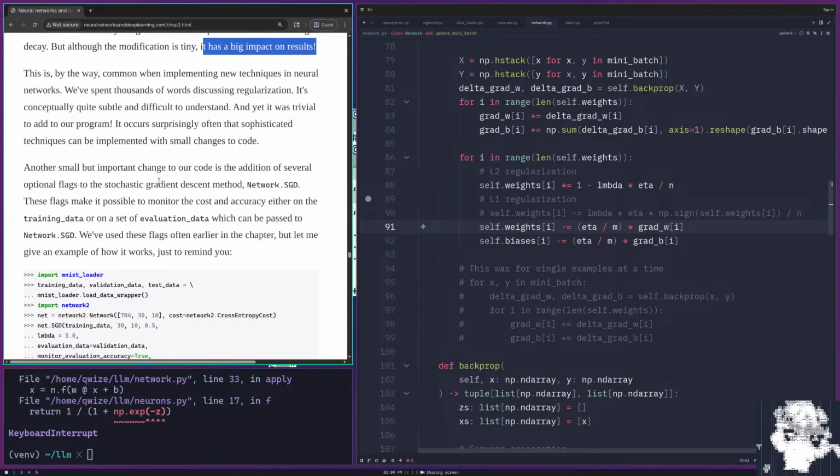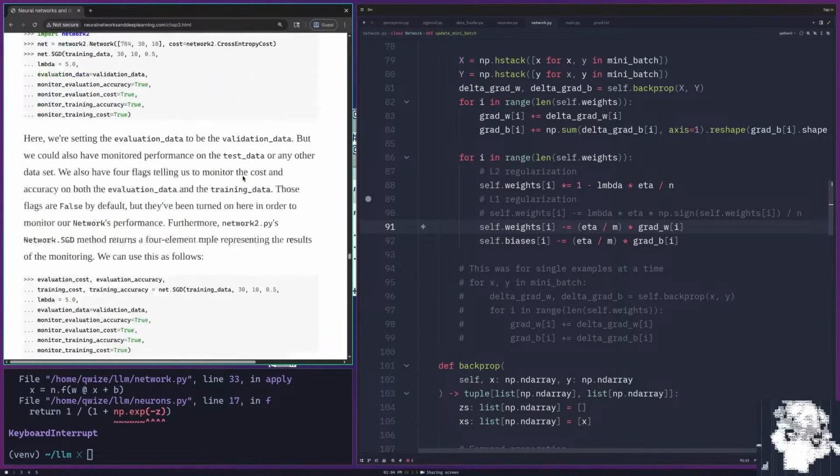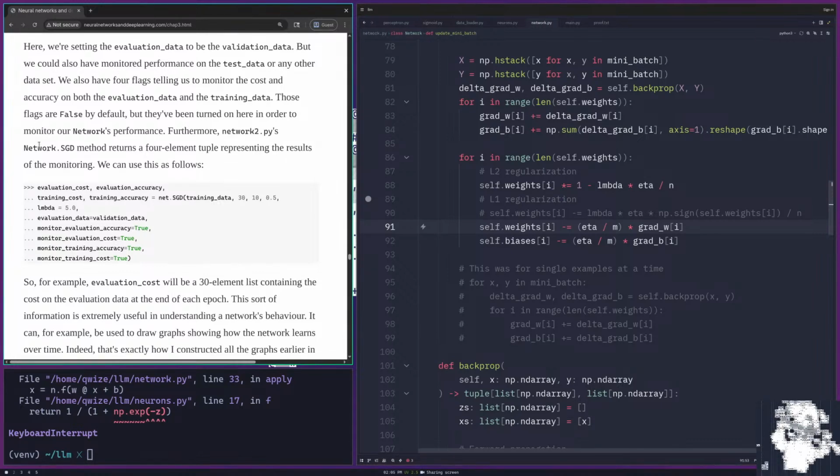Another small change is several optional flags to monitor the cost and accuracy. Yeah, that doesn't matter to us. That's just how he's drawing his graphs and stuff. Okay.